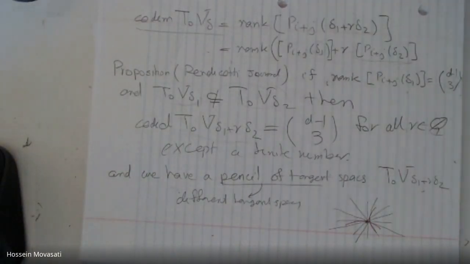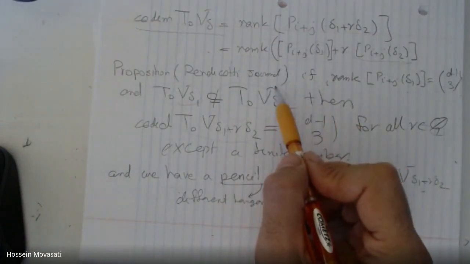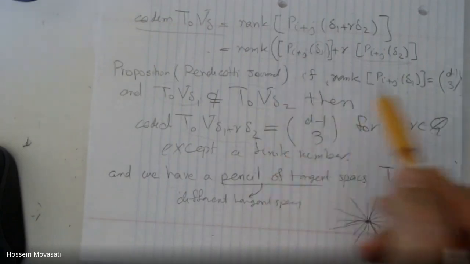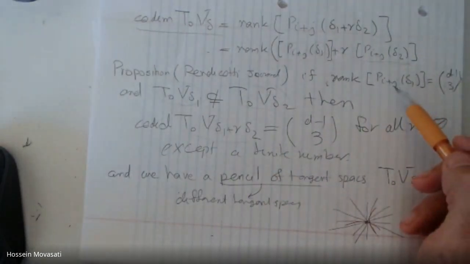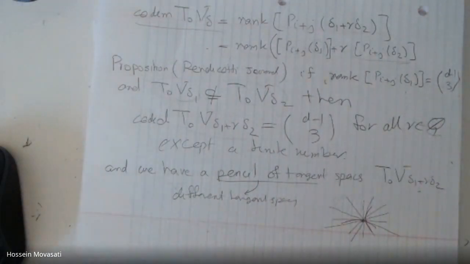And anyway, the hypothesis of this proposition can be checked by computer for special examples of Hodge cycles and degrees.